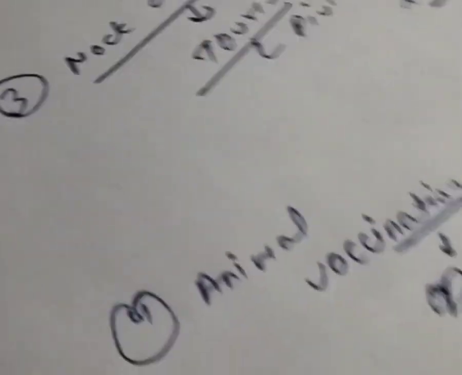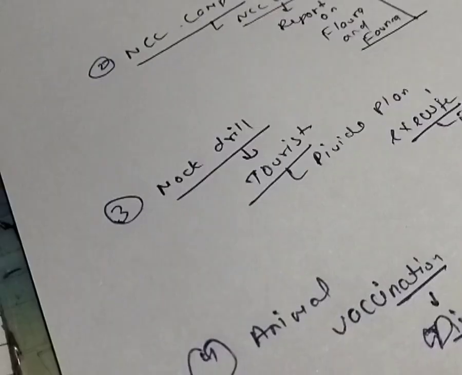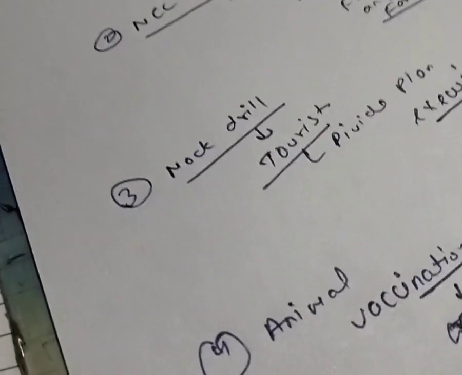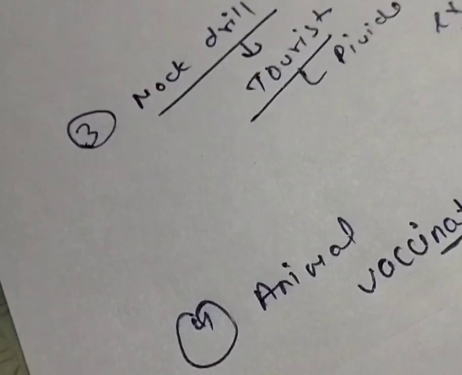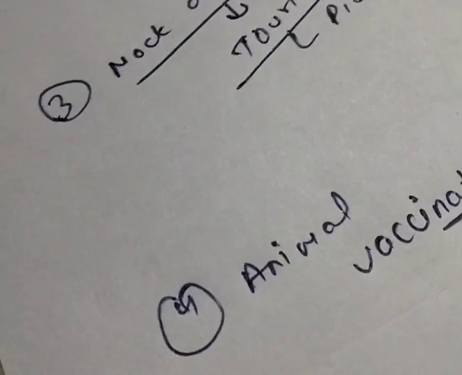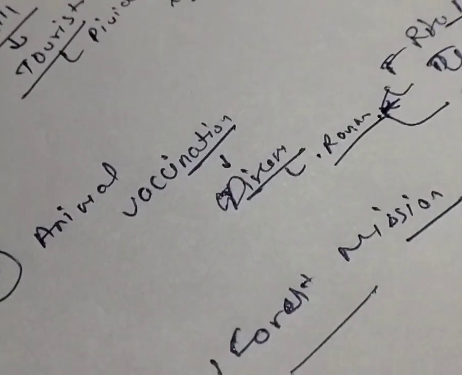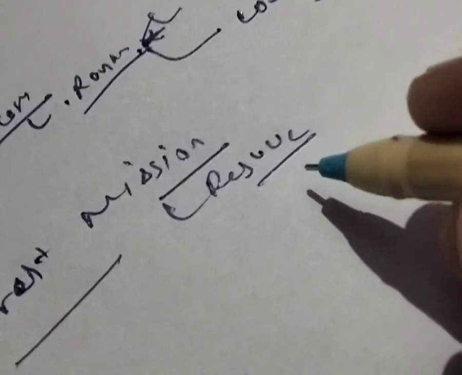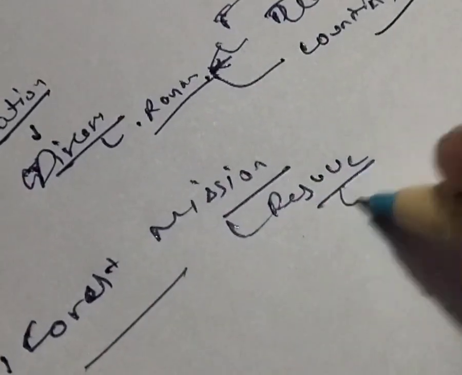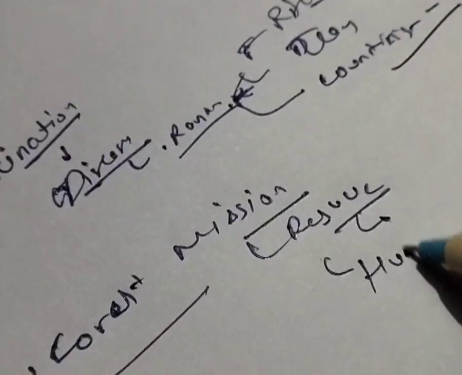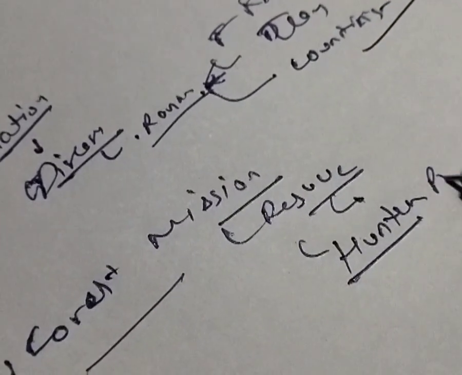For the fifth theme, I can go with the forest mission. Like they are on a forest mission, like they have got some kind of rescue mission. Someone is injured, so how they rescue him from the forest, giving first aid and sending him to the hospital, or maybe something on hunter prevention.